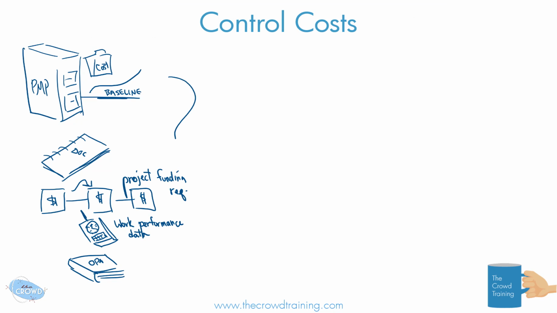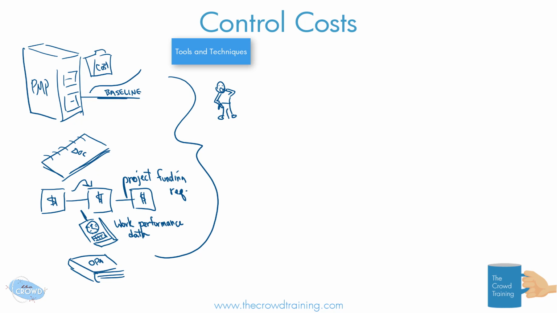And those are inputs. From there, we have various different tools and techniques to use. We can always tap into the judgment and experiences and knowledge and education of those stakeholders within our organization to help us give our expert judgment and make decisions and determinations about how things could or could not go or should go.